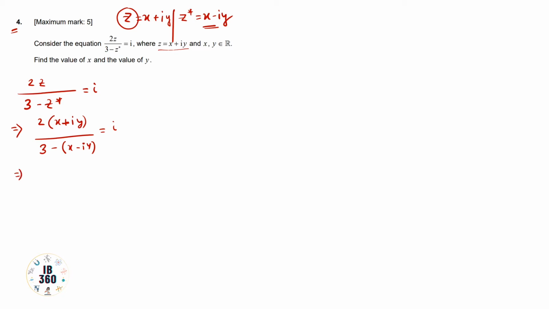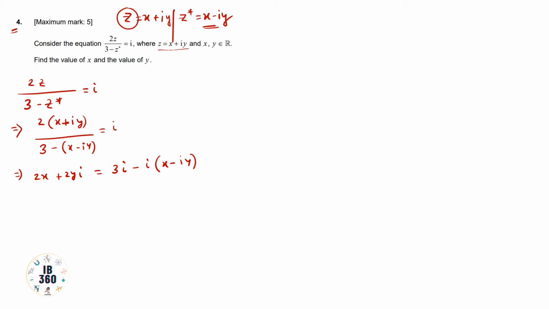Now we just have to do the cross multiplication, that is 2x plus 2yi equals 3i minus i times (x minus iy).